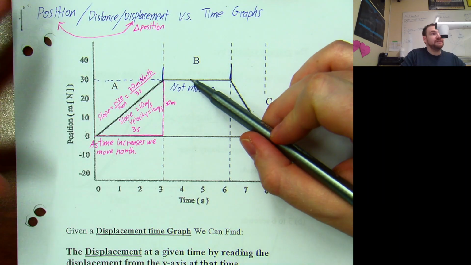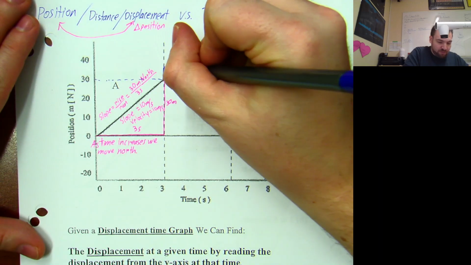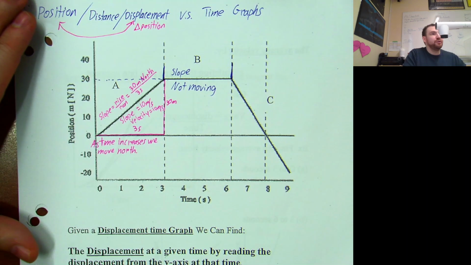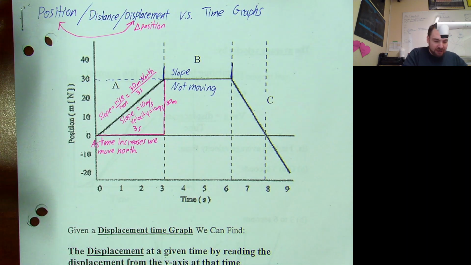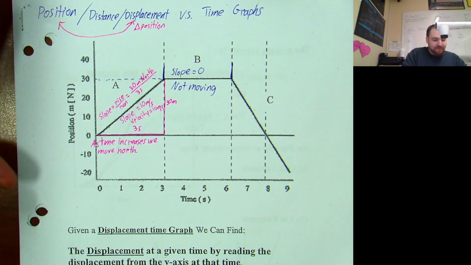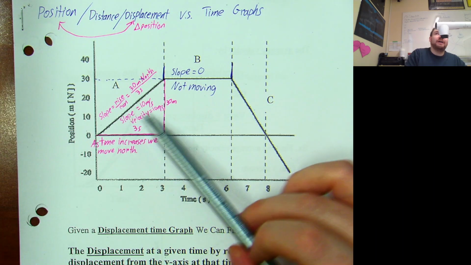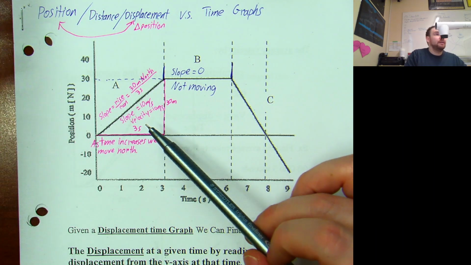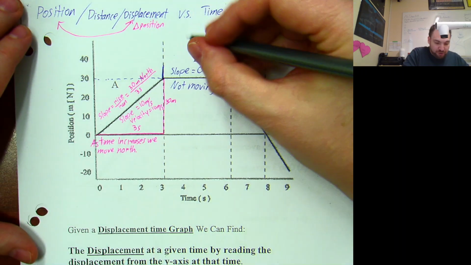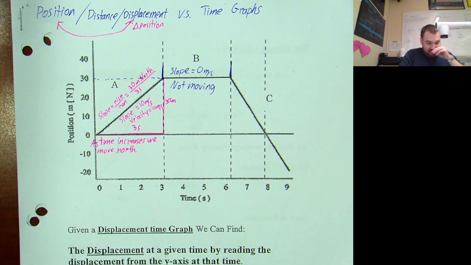The slope of this graph is? 0. Slope is 0. It's flat. There is no rise. Well, there's a run, but there's no rise. Slope here is 0. And we've already seen that slope on a graph like this represents velocity. So the slope is 0 meters per second. Means this thing's not moving. Okay, cool.